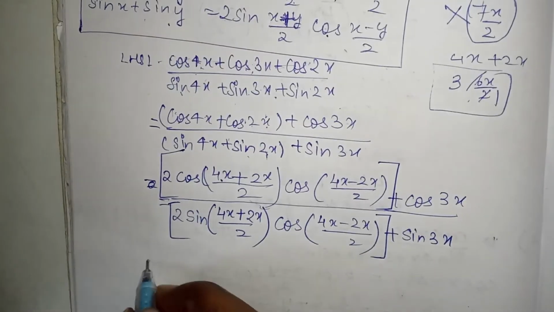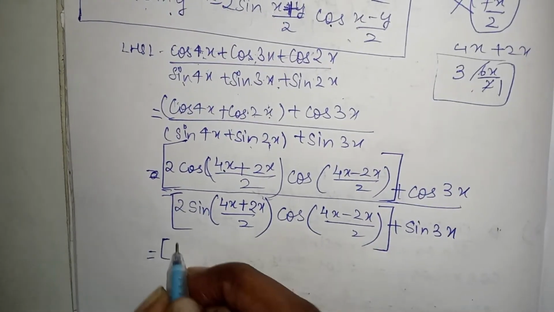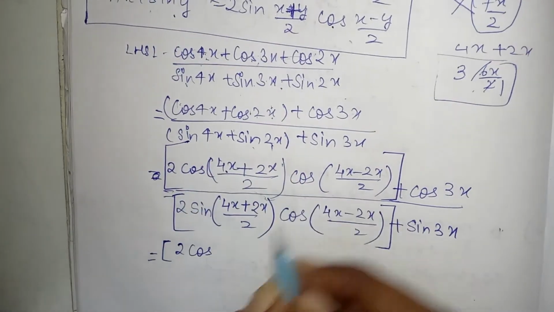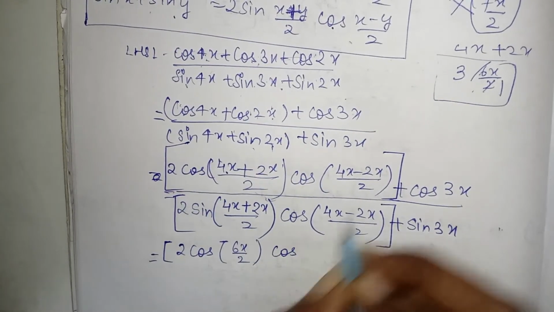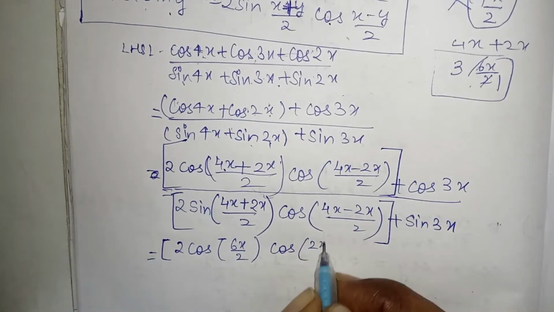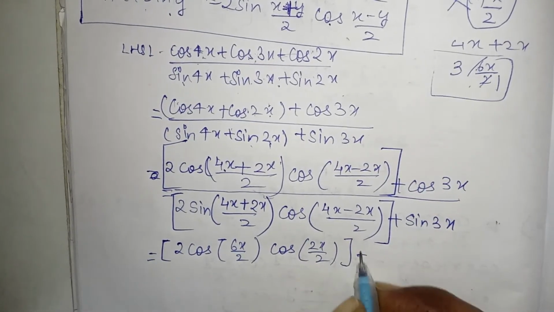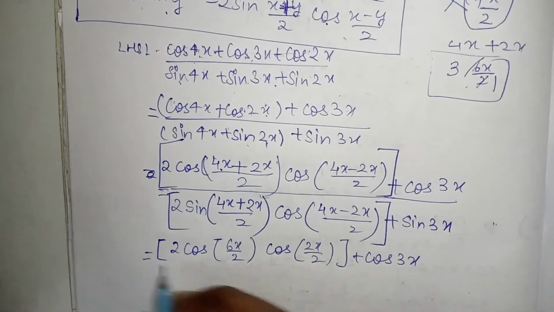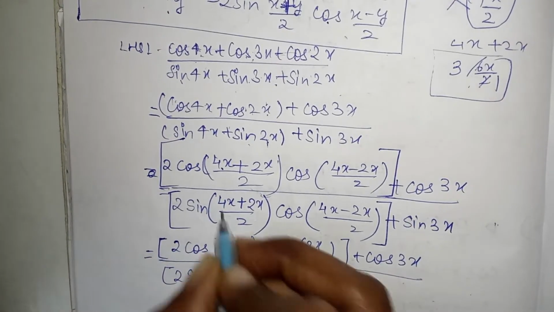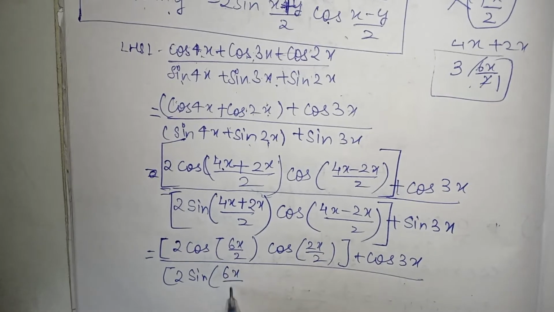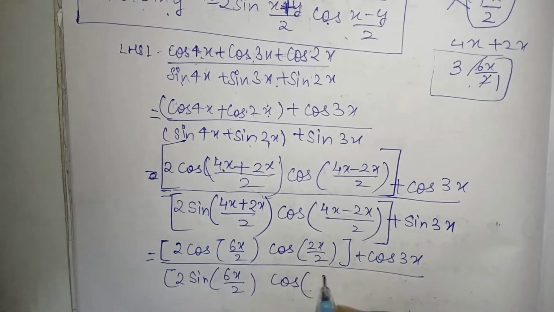Okay, let's start solving this. First 2 cos of 4x plus 6x by 2, cos of 4x minus 2x by 2, plus cos 3x. 2 sine of 4x plus 2x, that is 6x by 2, cos of 2x by 2.